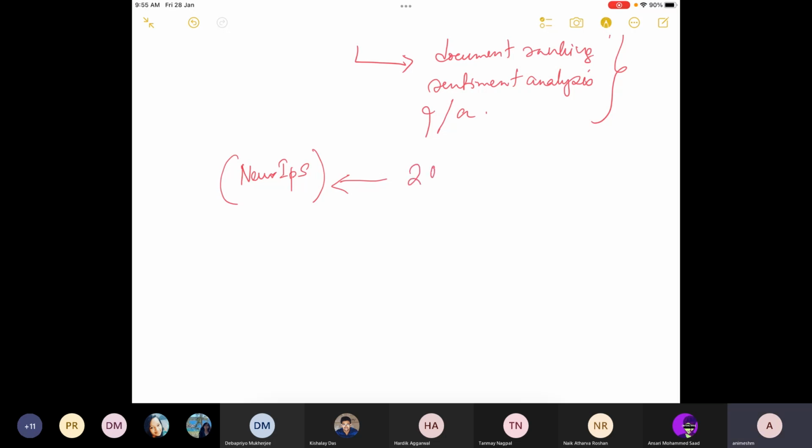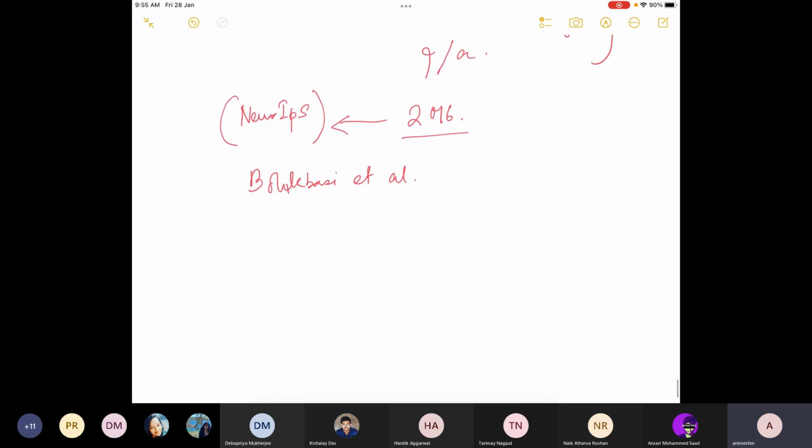This paper was written in 2016, okay, by Bolukbasi et al. Okay, and where they showed that word embeddings could be highly sexist in nature.